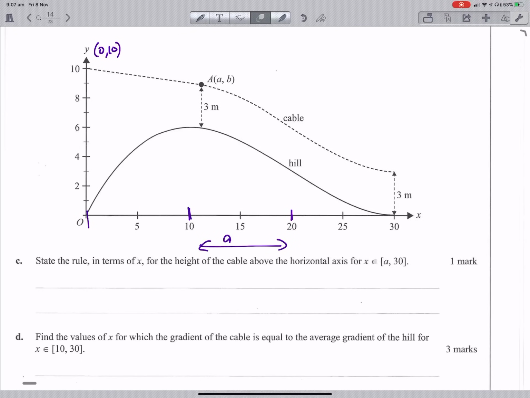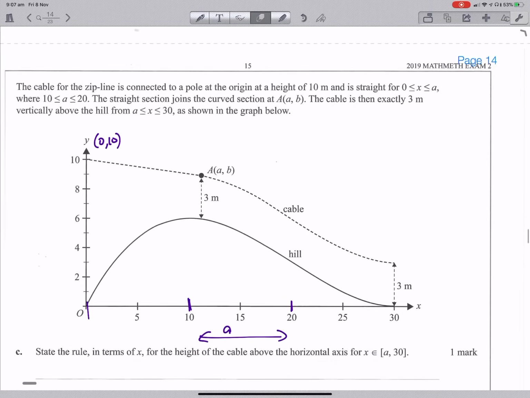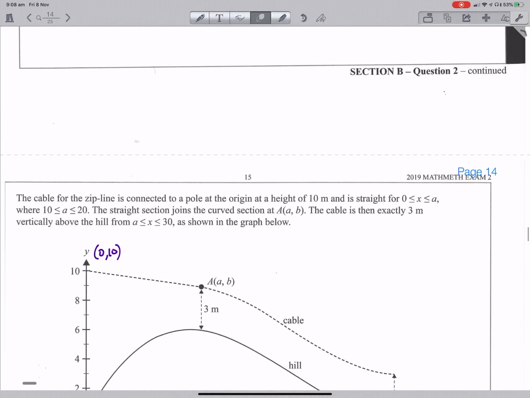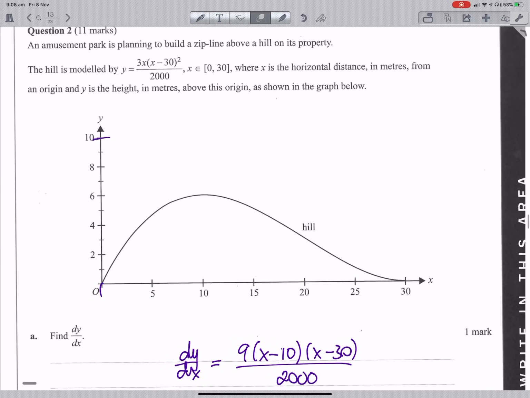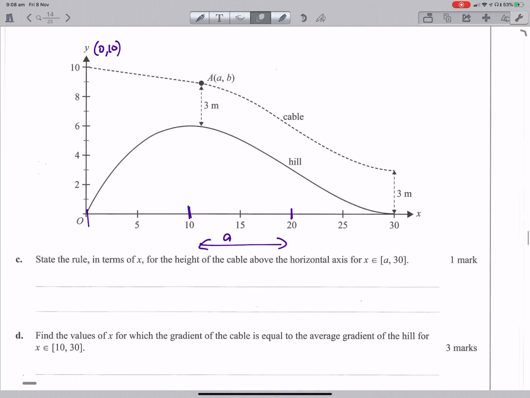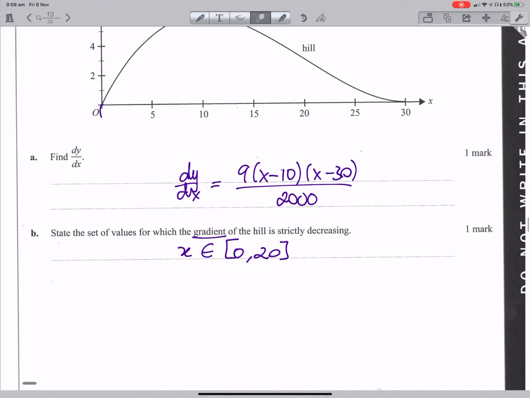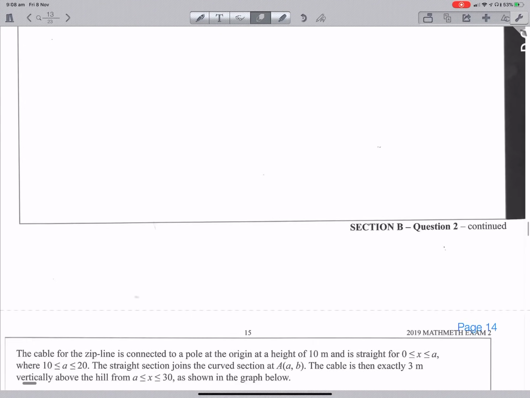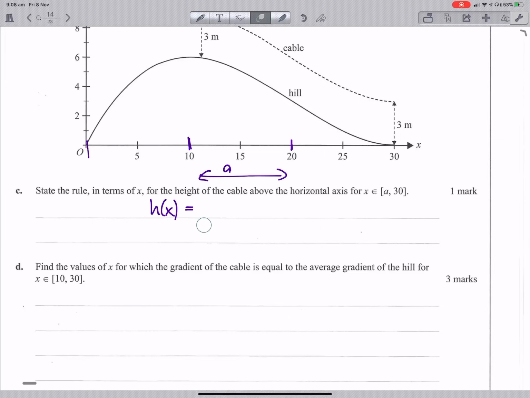So this function will follow the same function here, but it's going to be 3 higher. State the rule in terms of x, the height of the cable from 0. Okay, do we call it whatever we want? Okay, I'm going to call it h of x. h of x is f of x plus 3.